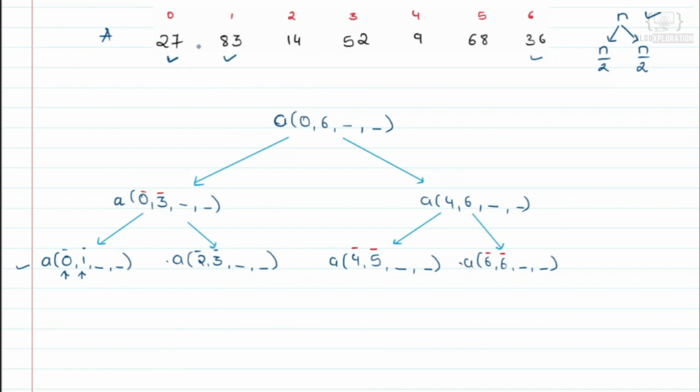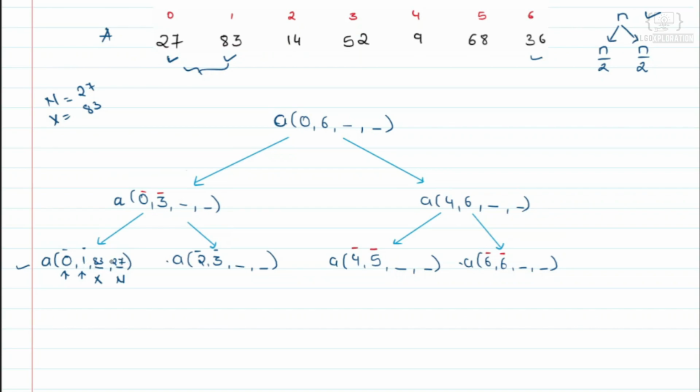So since we have 2 elements, they will get compared and the minimum element will be written as minimum and the maximum element will be written as maximum. So let's say we represent minimum as n and maximum as x. So first the maximum element will be written and then the minimum. So by comparing these two values, we find out that n is 27 and x is 83. So here 83 and 27.